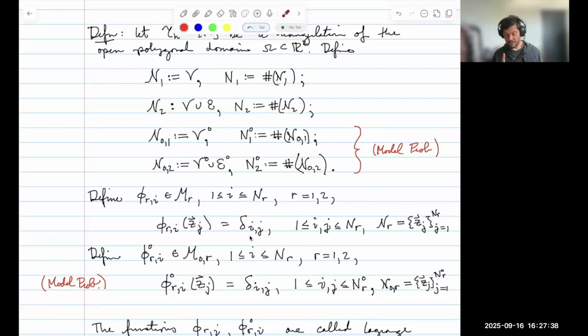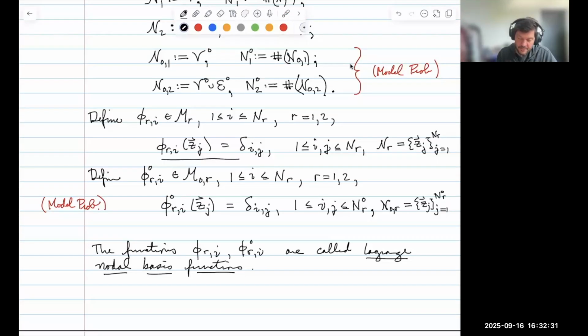These functions are in the space and they satisfy this condition. My claim is that this uniquely and completely defines what these functions look like, that there's nothing else to do except to define them this way. And I hope to convince you of that through pictures.